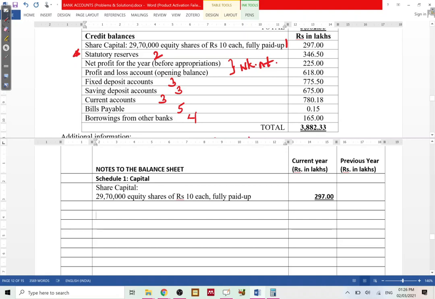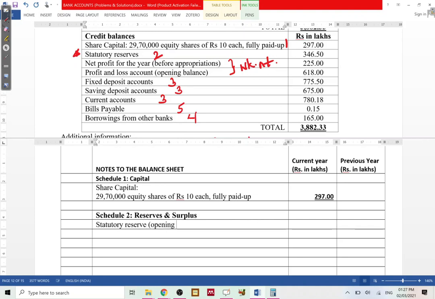Now, next one, schedule 2, we don't have anything else under schedule 1. Schedule 2 is reserves and surplus. And under this we have statutory reserves, of course, but the statutory reserve amount that you have been given is what has been brought down over the last few years.